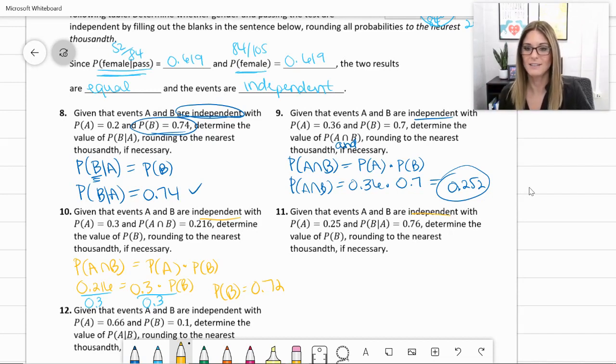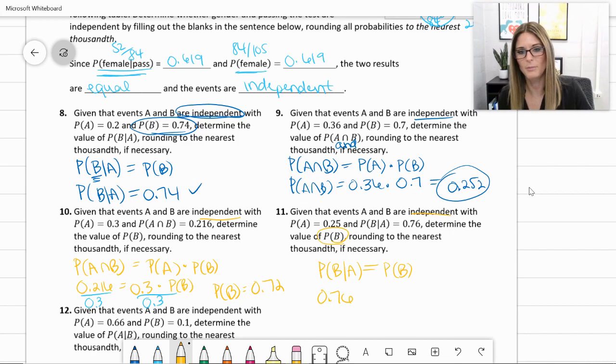Number 11, given that A and B are independent, with probability of A given, the probability of B given A is given. Determine the probability of B and round to the nearest thousandth. So we're using that second method. They gave us a probability of B given A. If they're independent, it should be the same value as just B. So they said probability of B given A is 0.76.